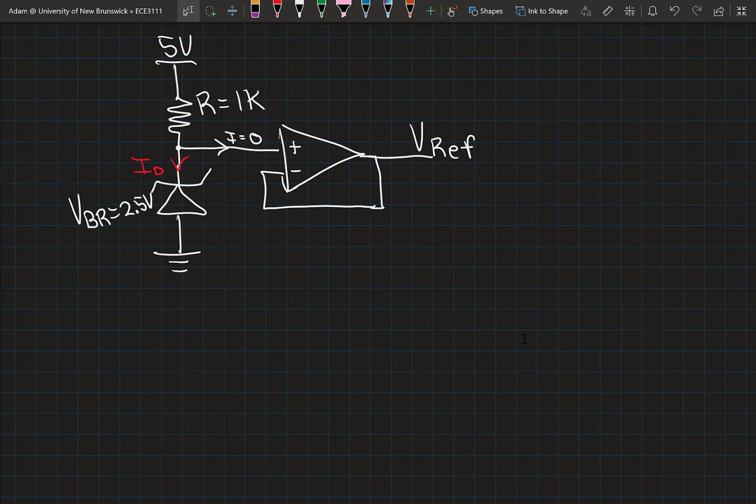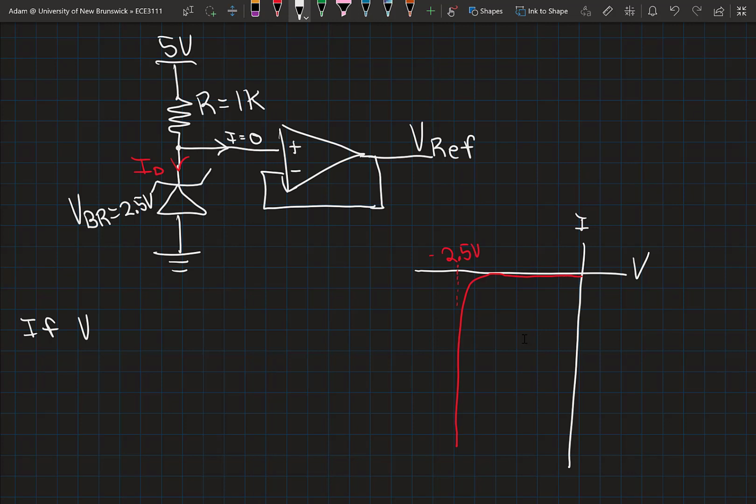So if I show a chunk of my IV curve here, and show that my Zener diode is going to look something like this, and assume that this Zener diode has a breakdown of minus 2.5 volts, we can look at where we're operating on that curve for different supply voltages.